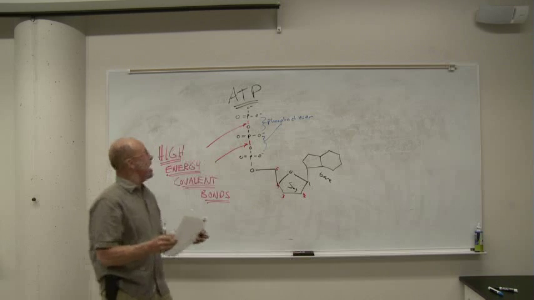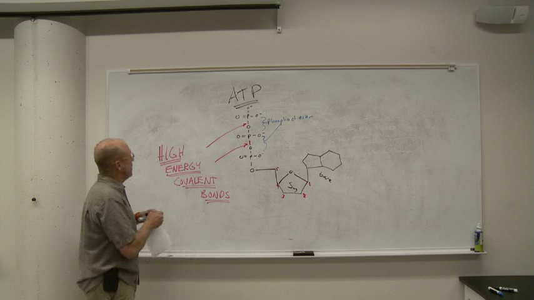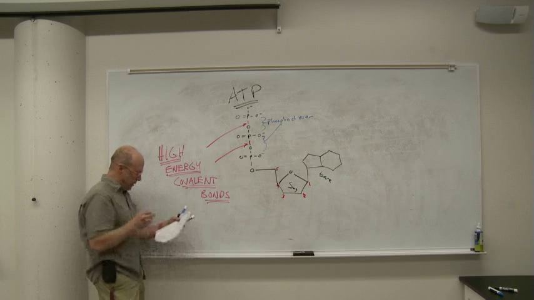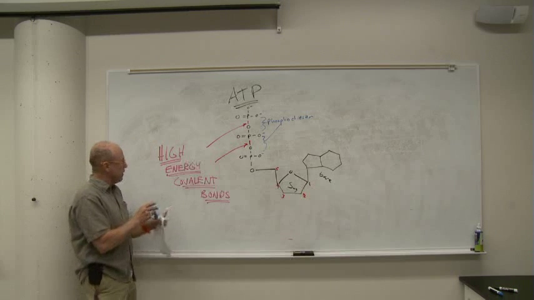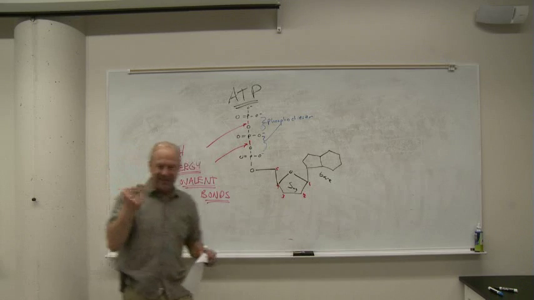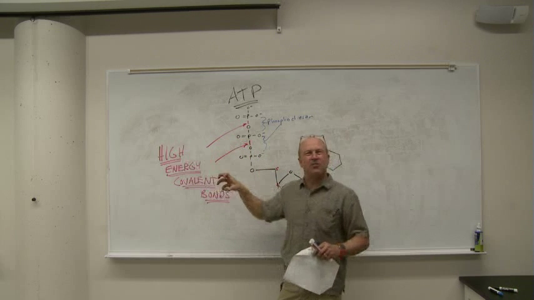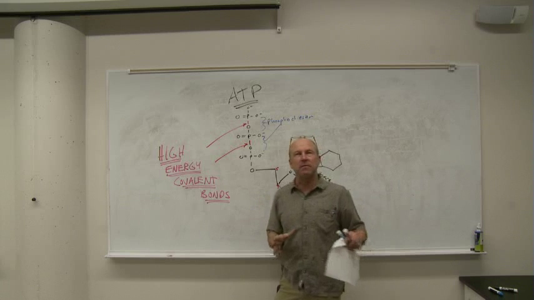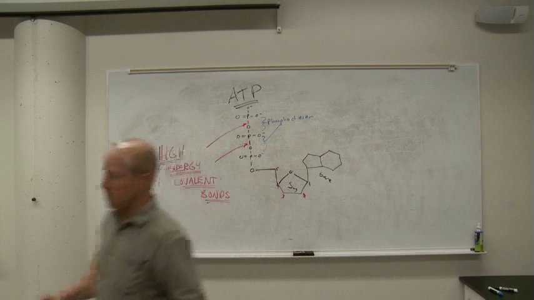I want to take us to a new concept here. Not only are they high energy covalent bonds, but they're short fuses. These bonds are more likely to break than a lot of bonds, and I'll tell you why. I hope that you can get this.